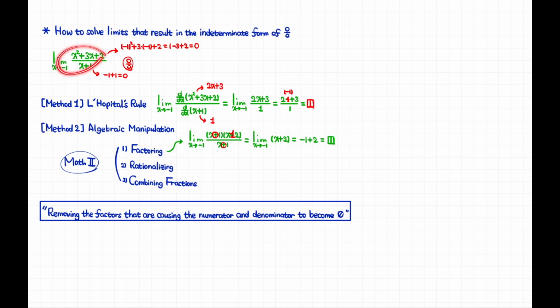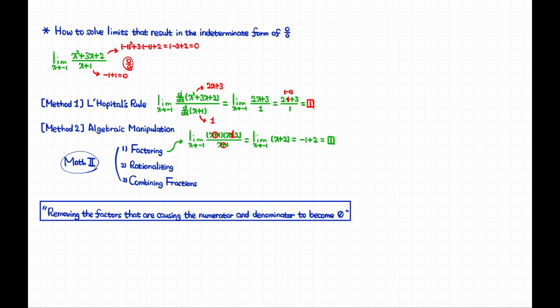The example we just did was a case where factoring works. But the other 2 methods, rationalizing and combining fractions, also have their own specific types of problems where they apply. So while we're at this topic, let me just go ahead and introduce those as well.